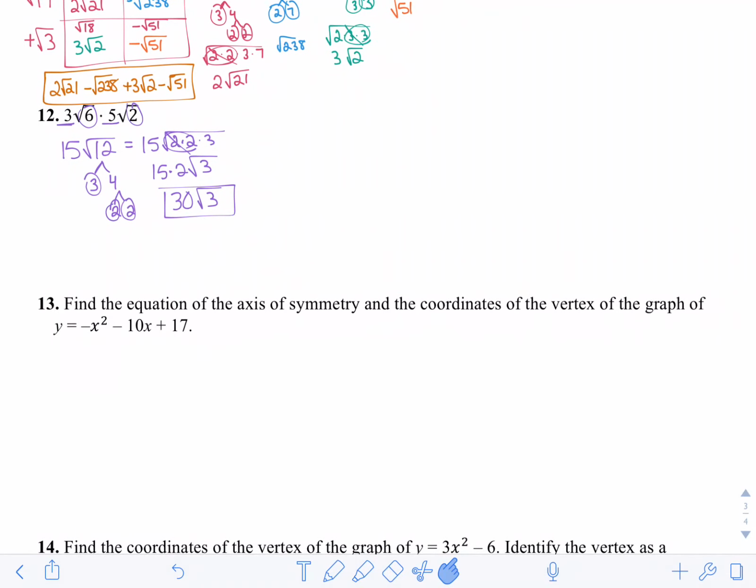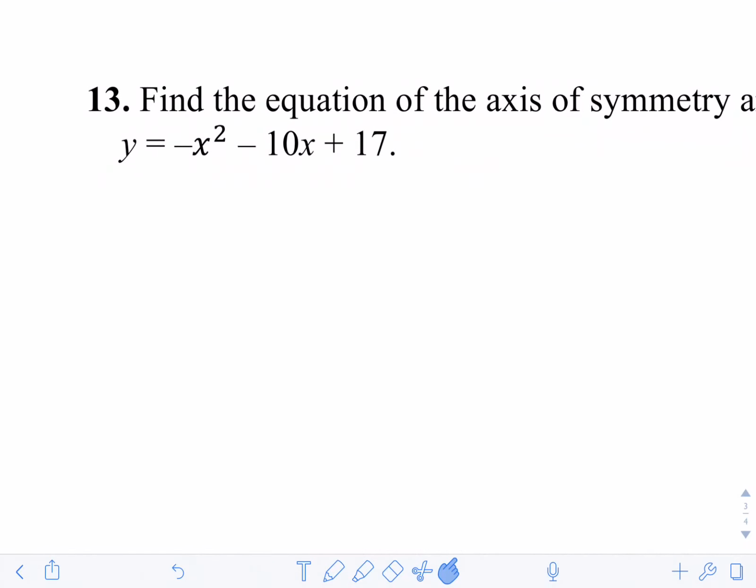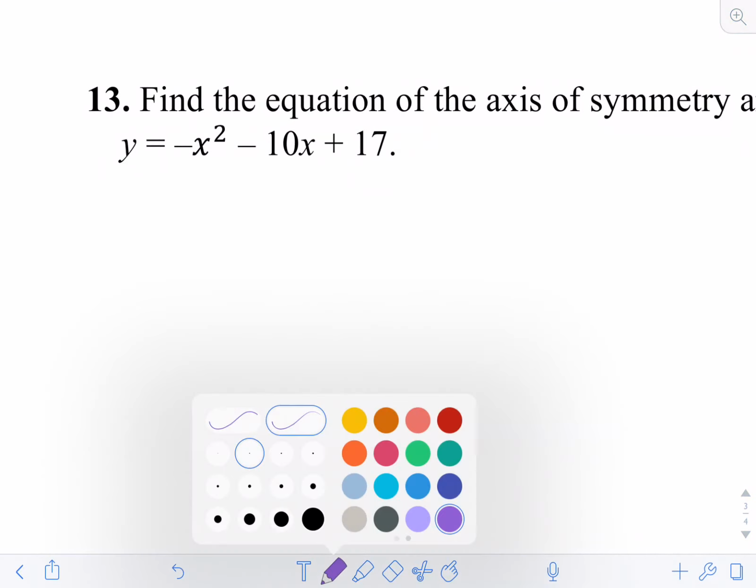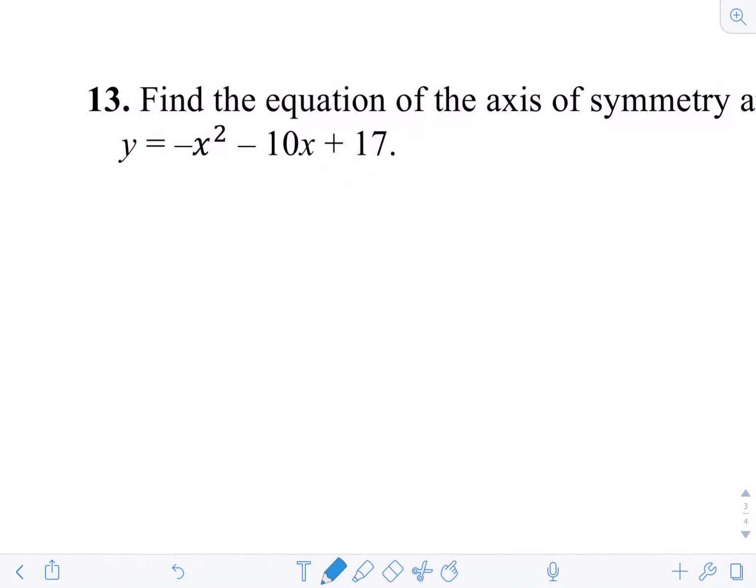Okay, 13 says find the equation of the axis of symmetry and the coordinates of the vertex of the graph of y equals negative x squared minus 10x plus 17. So to be able to find the axis of symmetry, that would be x equals, you need to know your vertex. Okay, so y equals, I'm going to type this in, negative x squared minus 10x plus 17, zoom 0.